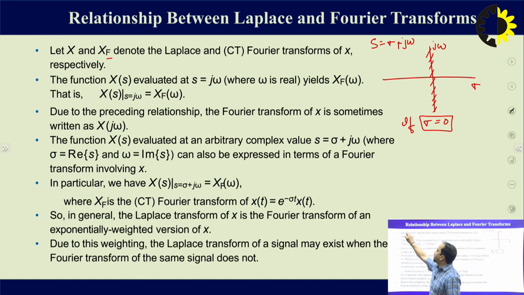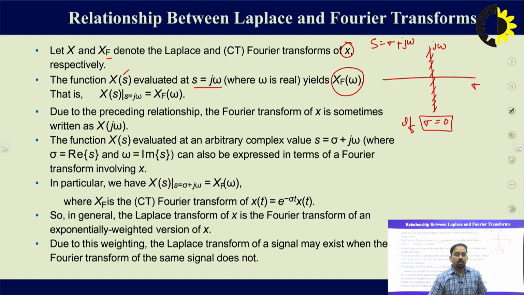Let's say X denotes the Laplace transform and X(f) the CTFT of the time domain signal x. The function X(s), the Laplace transform, evaluated by putting s equal to j omega, where omega is real, yields the Fourier transform.